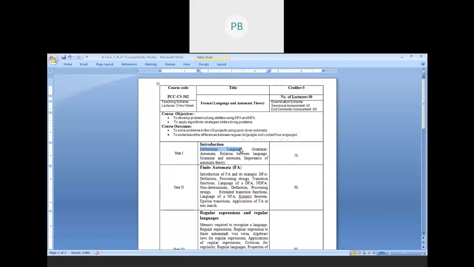Do you know the importance of these individual entities, flowchart, algorithm, and pseudocode?